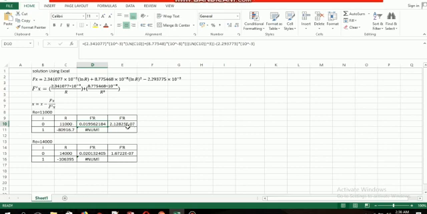So compared to the bisection and secant methods, this method is simpler than both of the methods that we use in this assignment. Okay, so thank you.